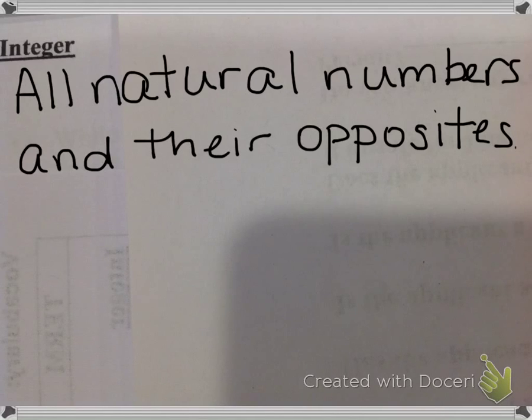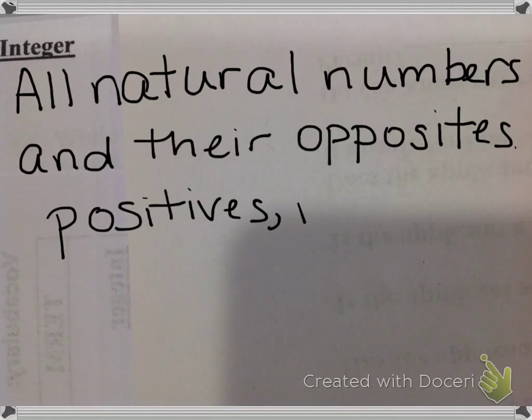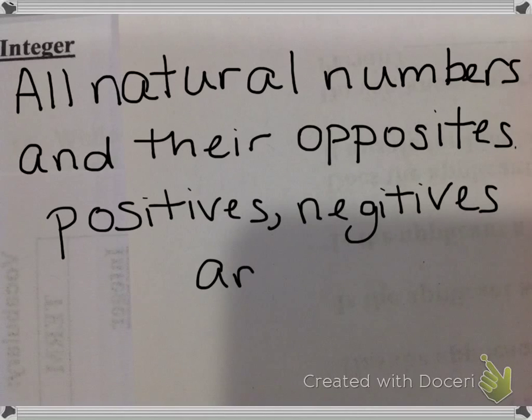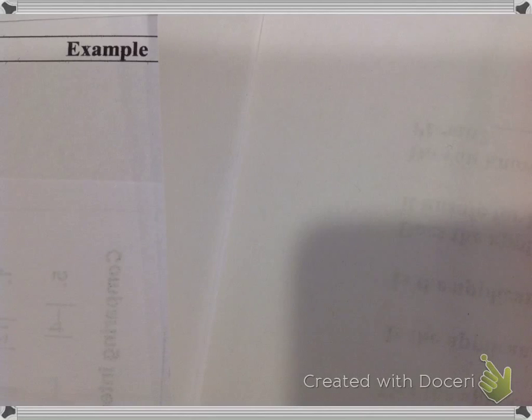Integers are positives, negatives, and zero. So I'm going to just put positives, negatives, and 0 is included in that. I'm going to write out the word 0. Okay, those are all your integers. Your examples of integers.